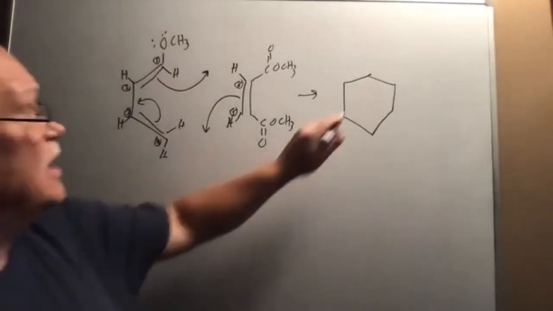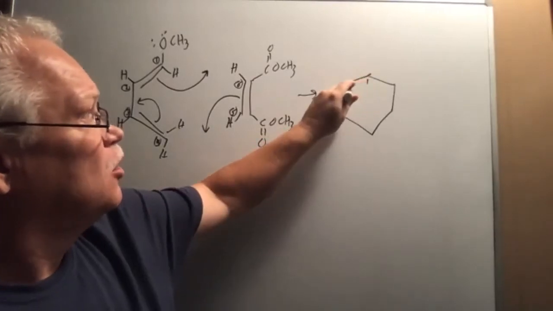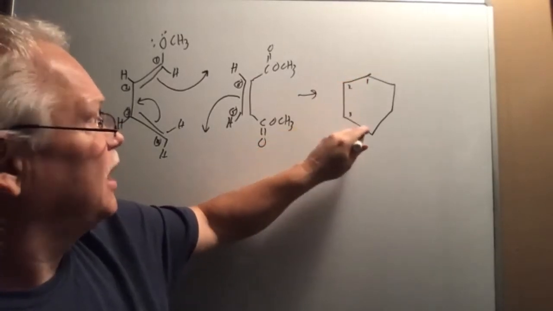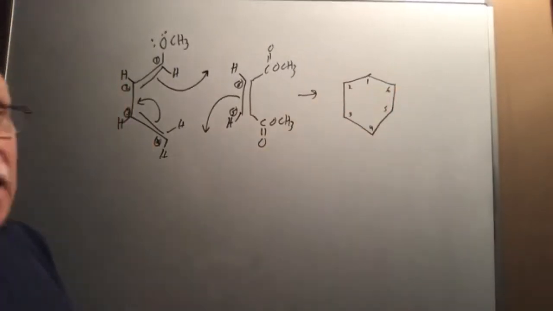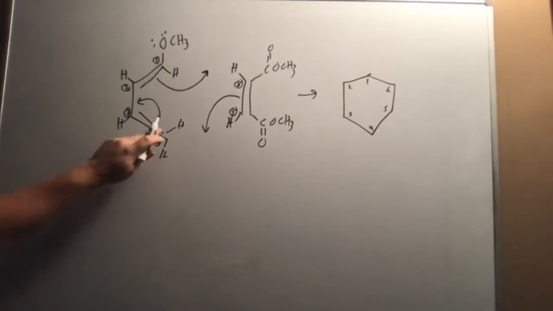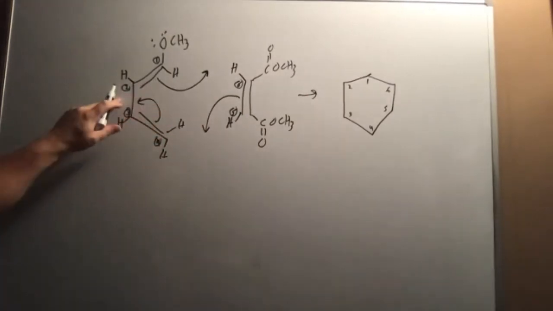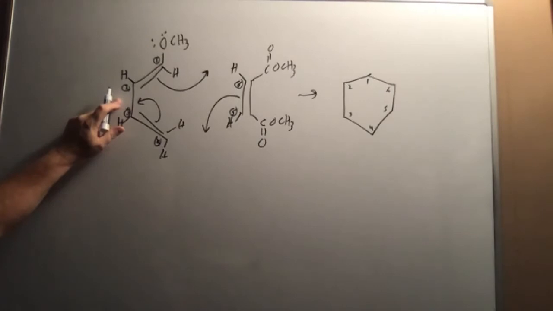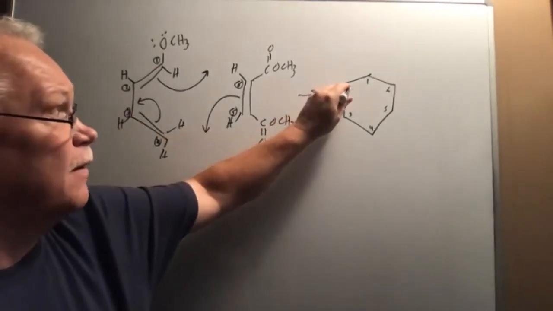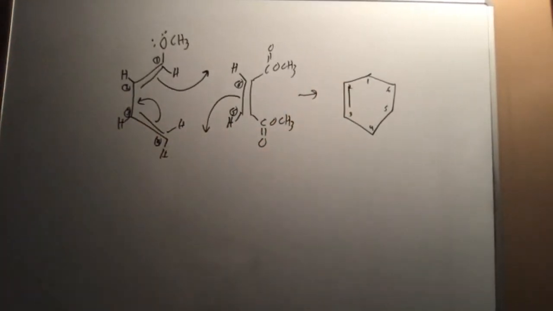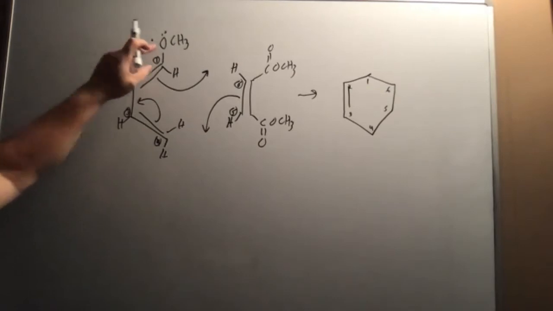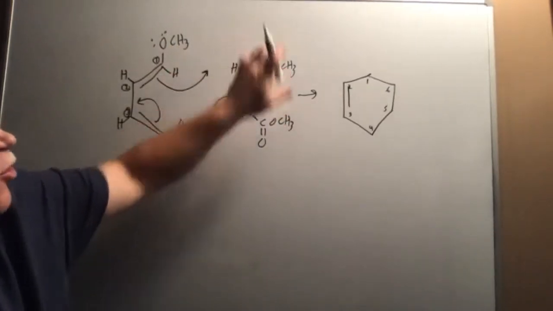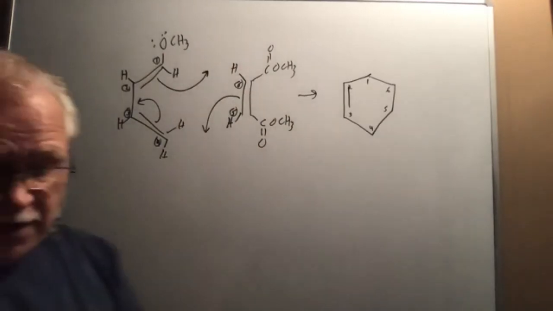So if I do that, then this would be 1, 2, 3, 4, 5, 6. Now, the first thing I noticed in my new compound, where does the new double bond form? Between carbons 2 and 3. So I'm going to put a double bond there. Now, notice on carbon 1, I'm going to have an OCH3 group. On carbon 6, I'm going to have this group, and on carbon 5, I'm going to have this group.